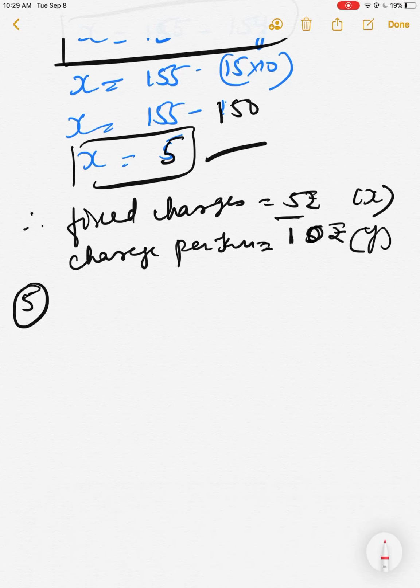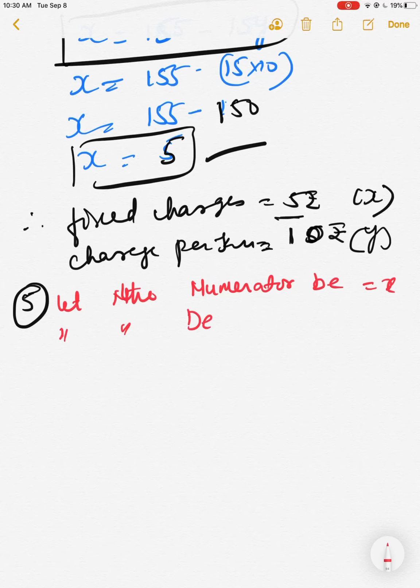So let the numerator be x, and let the denominator be y.